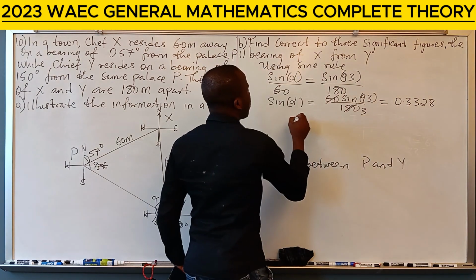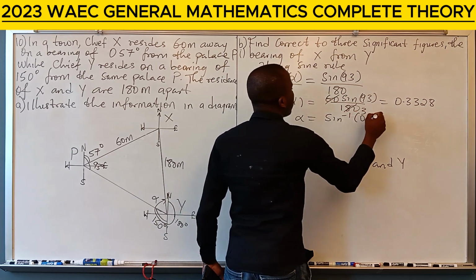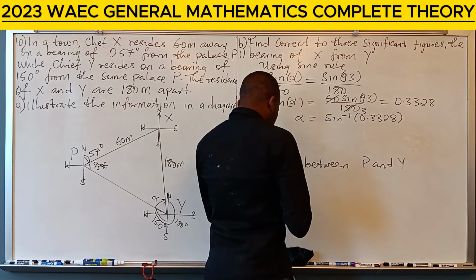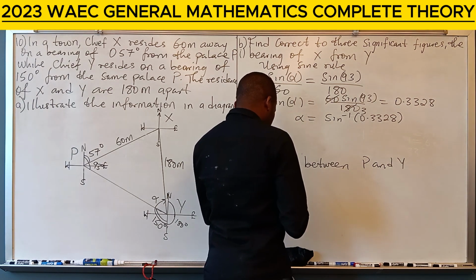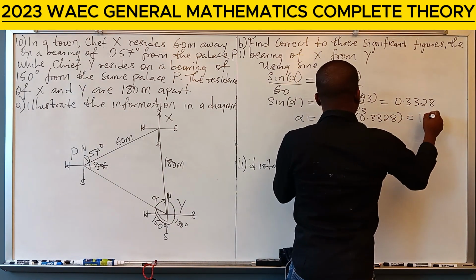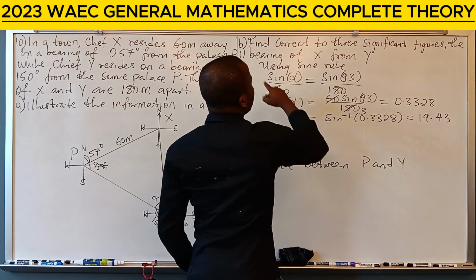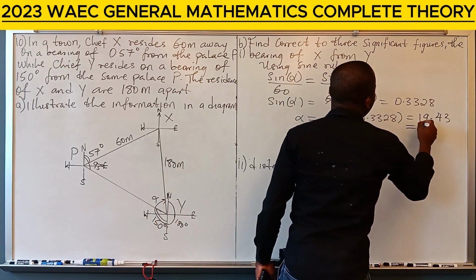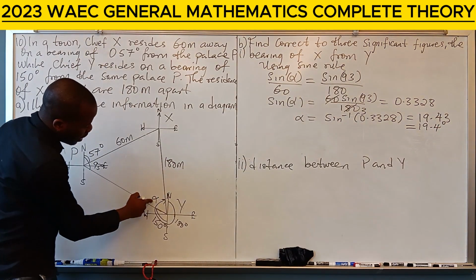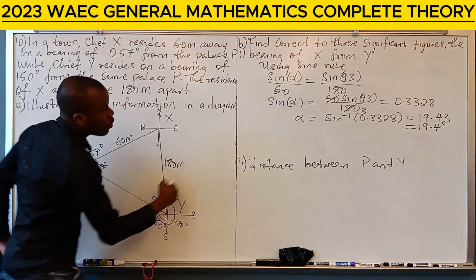So that alpha will be sine inverse of 0.3328, which will be 19.43. So 3 significant figures is 19.4. So since here is 19.4, the bearing of X from Y is the sum.